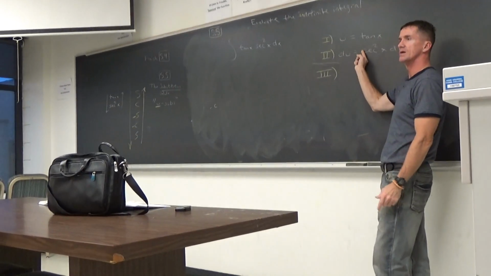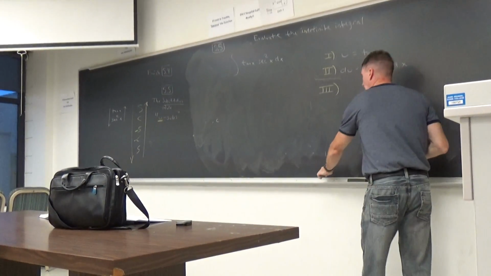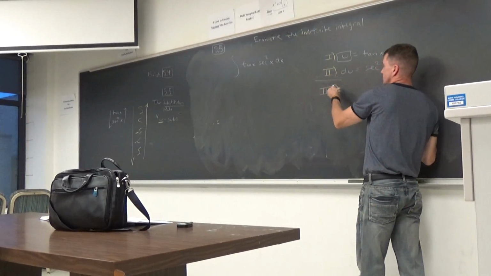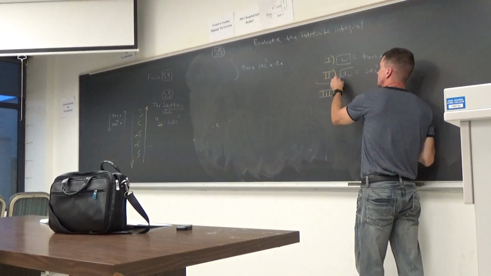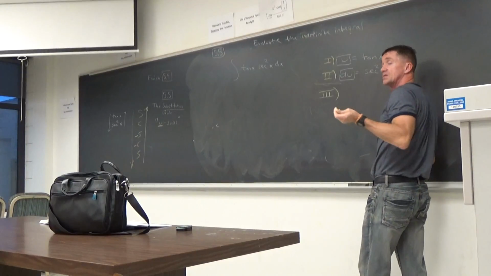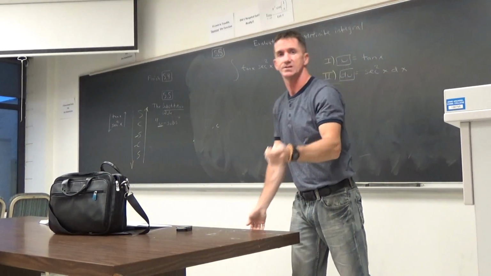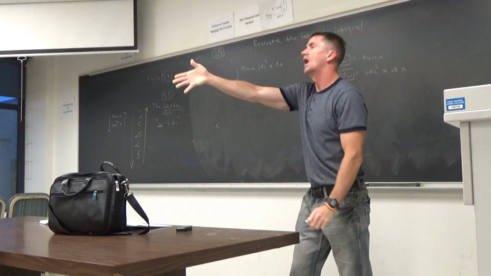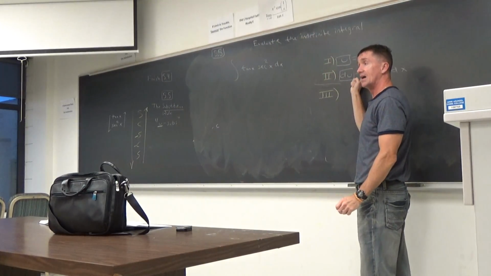It's just an invisible 1. So when I do my 2 boxes to substitute, I get to use that one. Sometimes you get this done in 2 steps, not always.